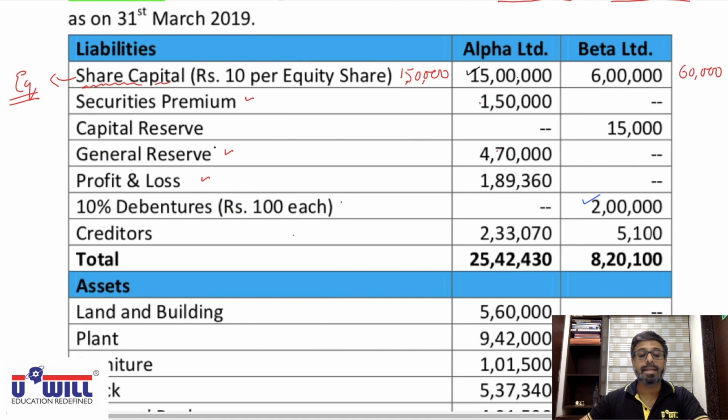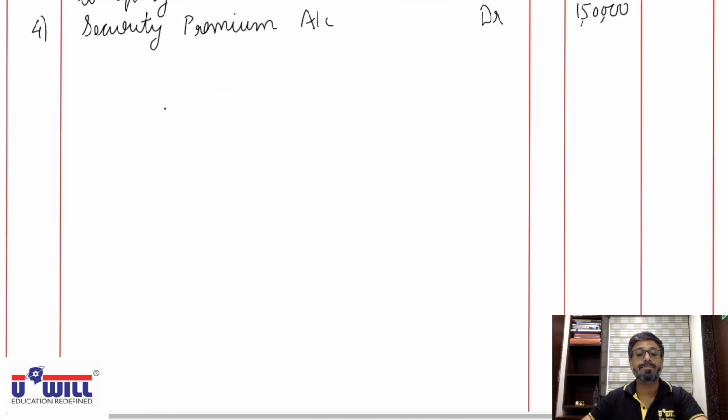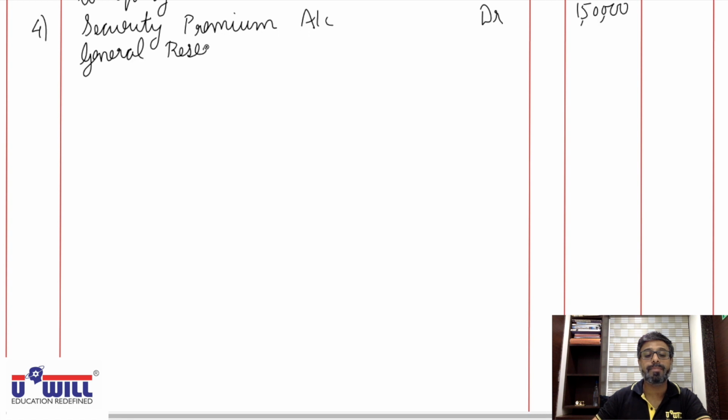Then next reserve, capital reserve is not there in Alpha's books. General reserve account debit 4,70,000.